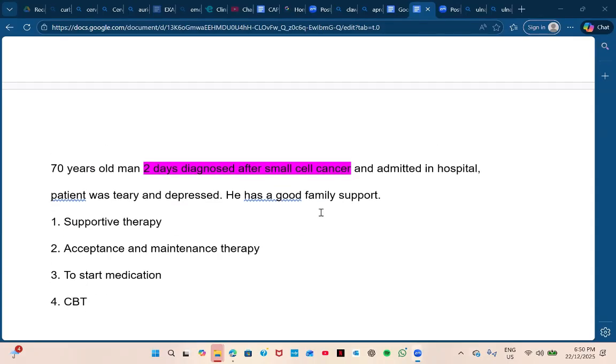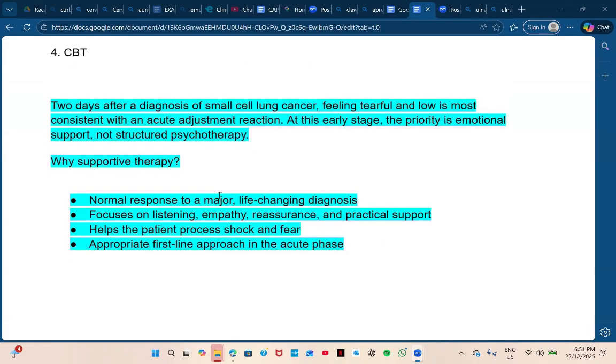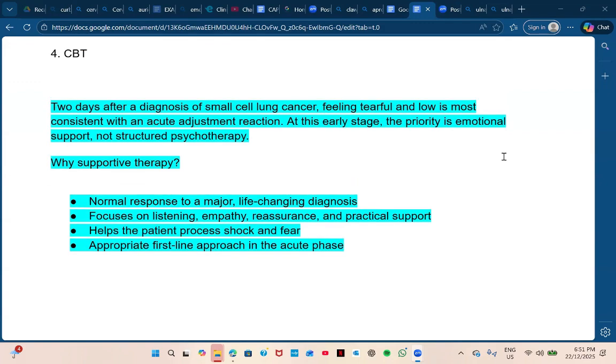So what is supportive therapy? Who can tell me what supportive therapy is? Okay, so let's discuss it. Two days after a diagnosis of small cell cancer, feeling tearful and low is most consistent with an acute adjustment reaction.